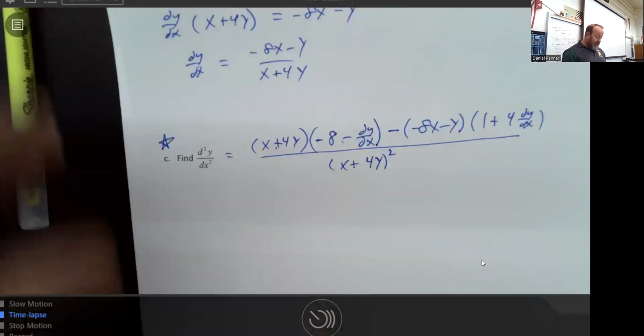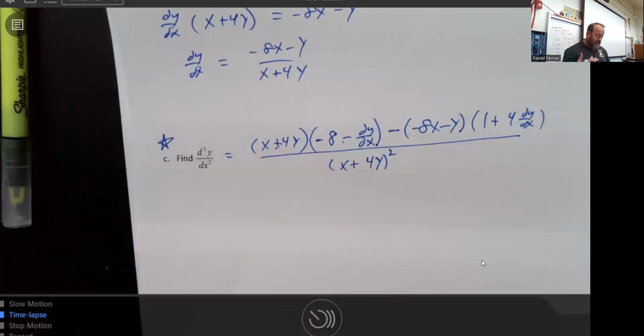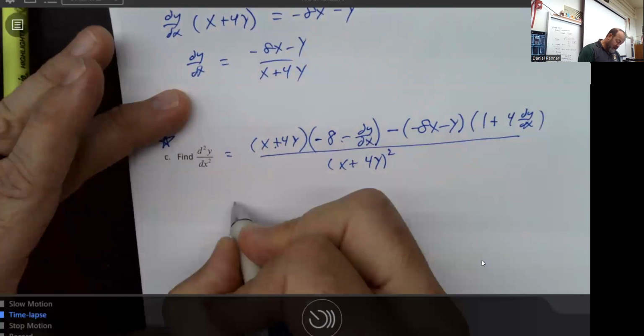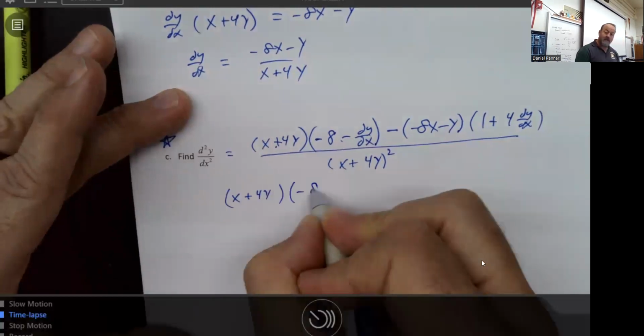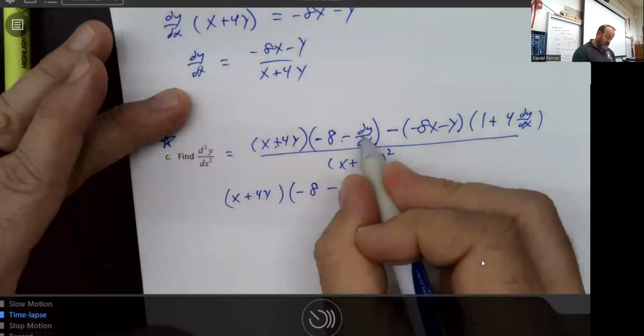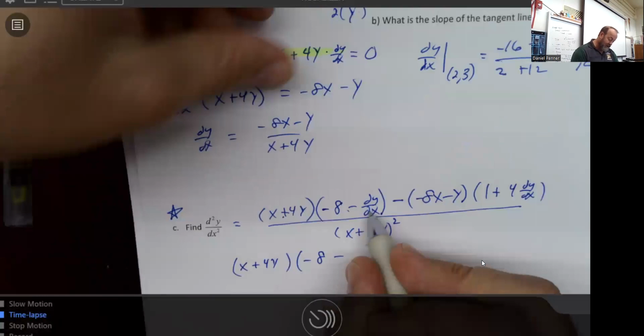Now, this isn't a bad answer, but it's not sufficient because, again, we have a little bit more that we could do. The first thing that I need to do is replace every time I see a dy/dx with what dy/dx is. And we already determined that that's this guy up here.